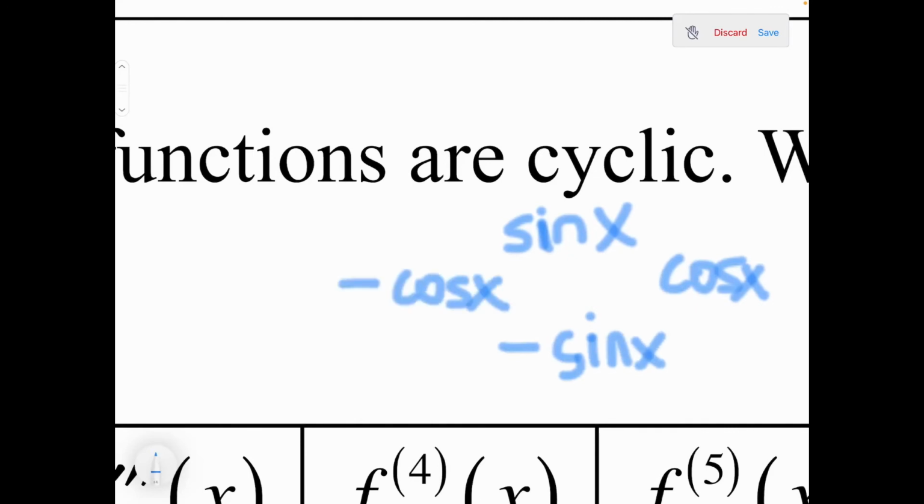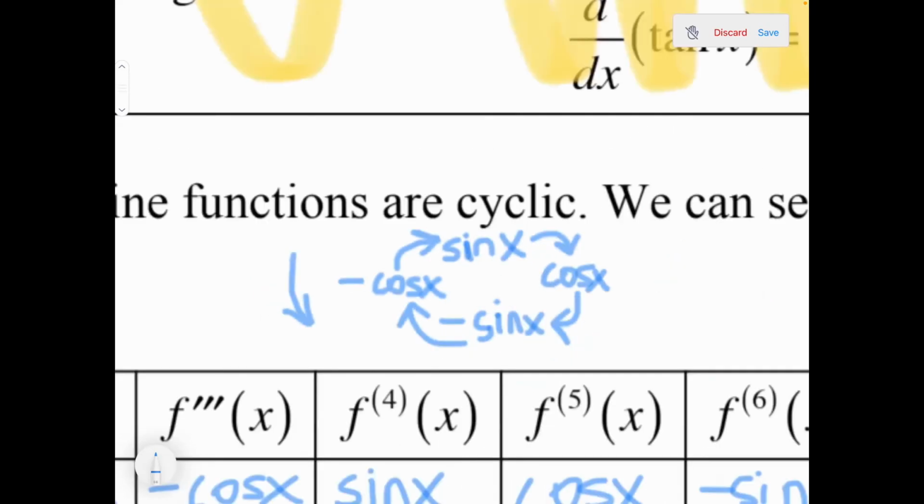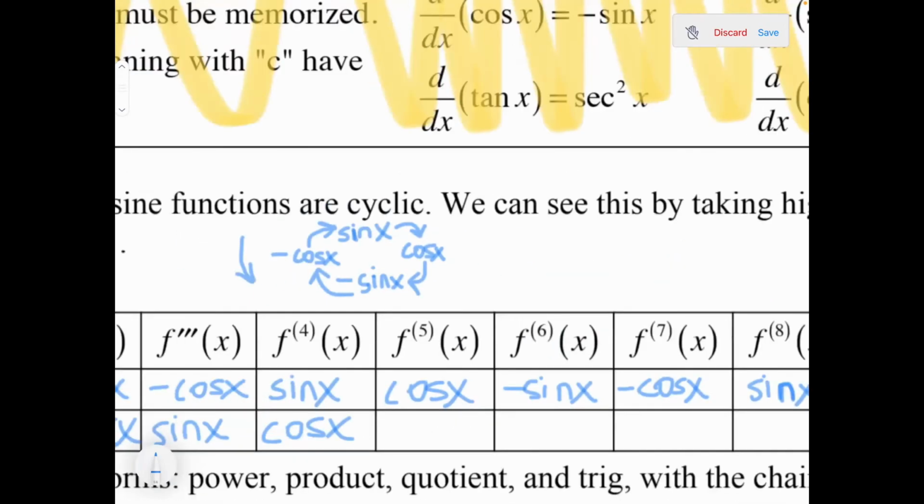If we go clockwise, the derivative of sine x is cosine x, the derivative of cosine x is negative sine x, the derivative of negative sine x is negative cosine x, and the derivative of negative cosine x is positive sine x. This is going to be really useful when we start taking antiderivatives in a later chapter. The antiderivatives are just read in the opposite direction, counterclockwise. So this is something that can help us keep this in order.